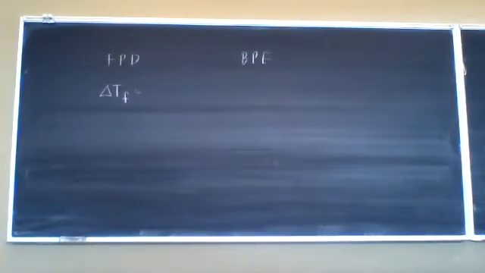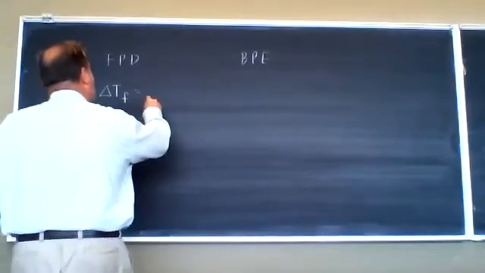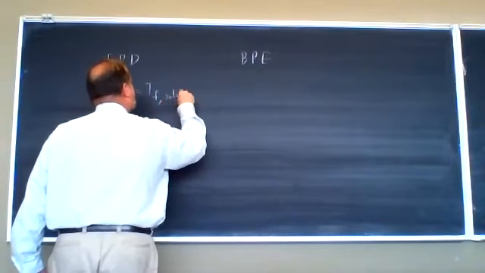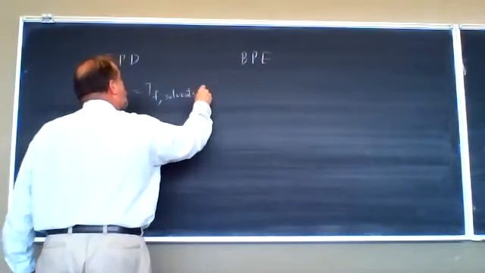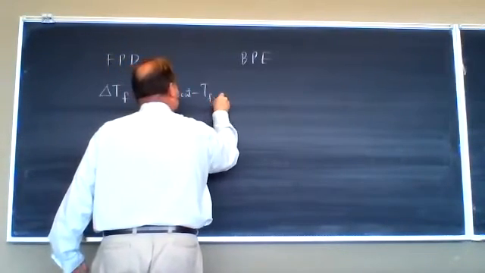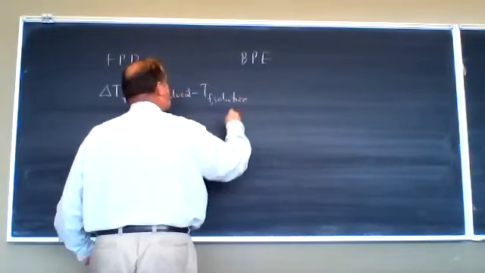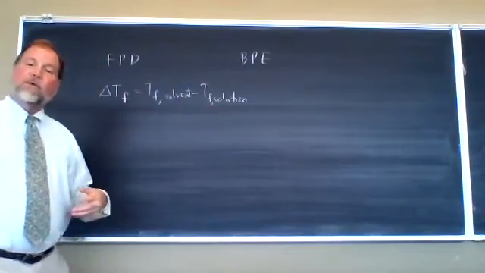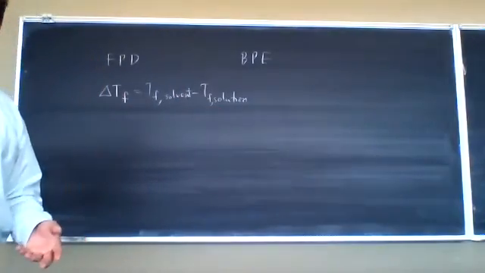And so for freezing point depression, we subtract the freezing point of the solution from the freezing point of the solvent. That is T sub F for the solvent minus T sub F for the solution. And so a number minus a smaller number is going to give us a positive value.